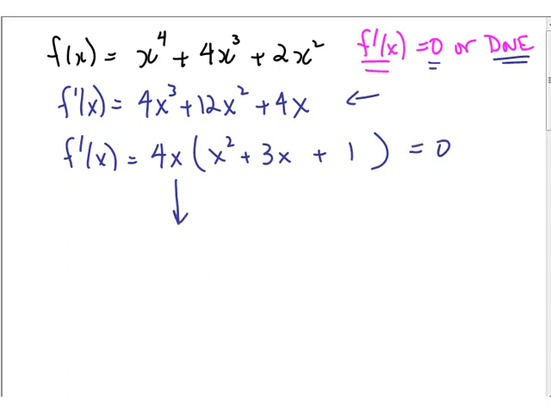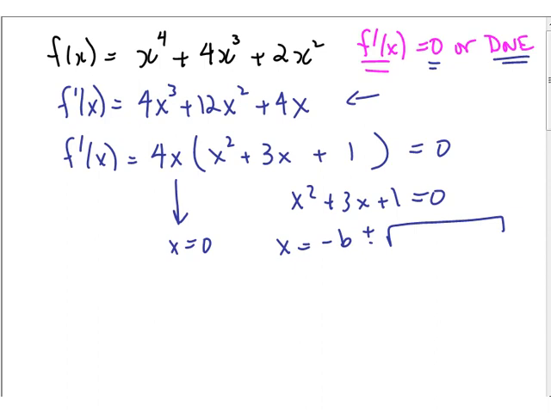So it's equal to 0 when x equals 0, and the other one is when x squared plus 3x plus 1 equals 0. It would have been nice if that had been able to factor, but it doesn't factor, so I'm going to figure out where it's 0 by using the quadratic formula.